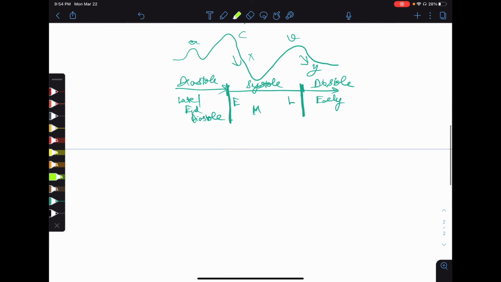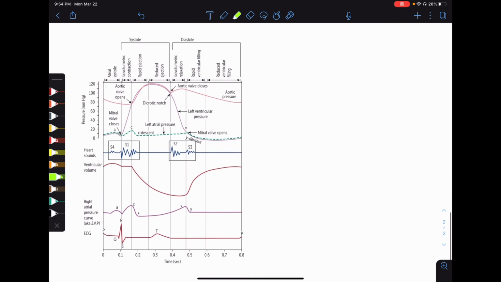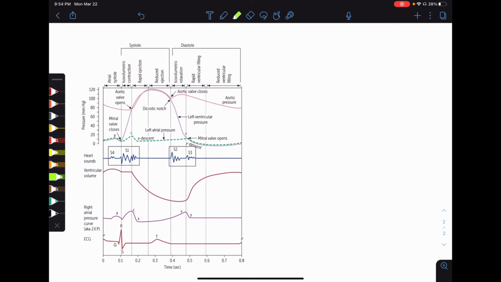Now let's move forward and try to integrate all the things. For this I'm giving you a mnemonic in the form of a sequence. If you remember this, it will be easy for you to understand the cardiac diseases and how the events are happening or what events are getting modified. So start with papa.